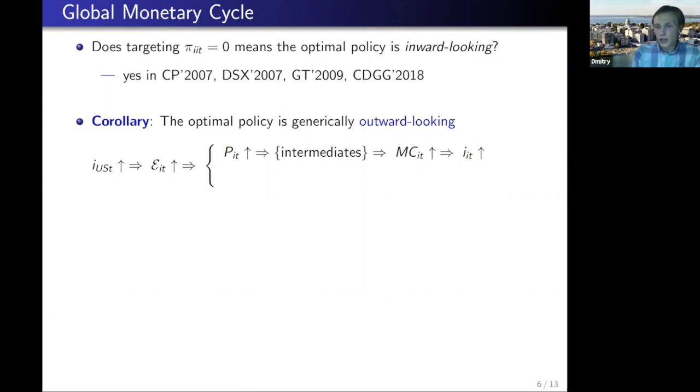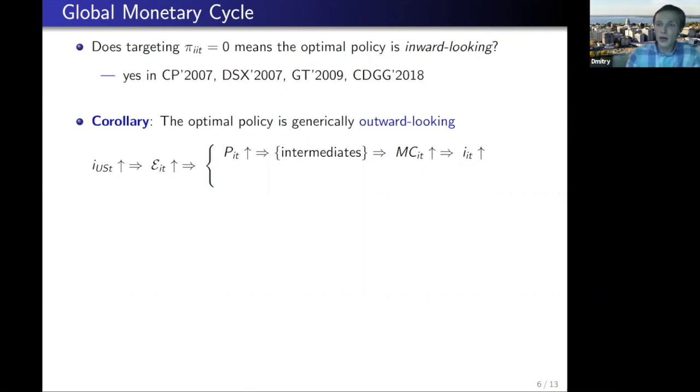The first channel is the import channel. If import prices are stable in dollars and the dollar appreciates, that means that all import prices go up in the local currency. As a result, the price of imported intermediate goods becomes higher, which puts upward pressure on firms' marginal costs. Without any intervention of the government, local inflation would go up.